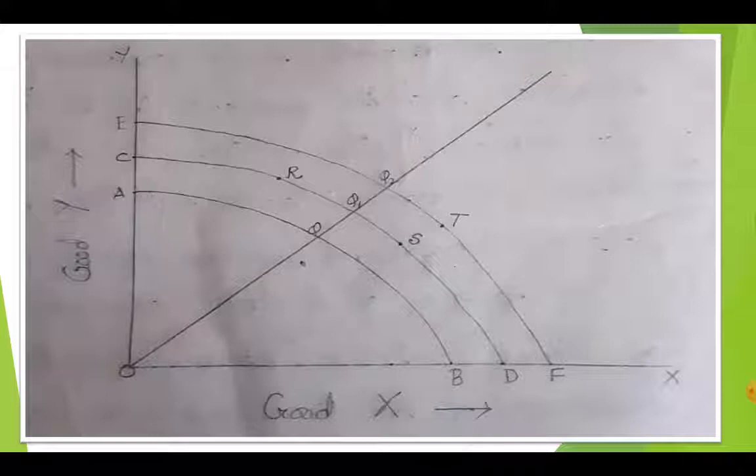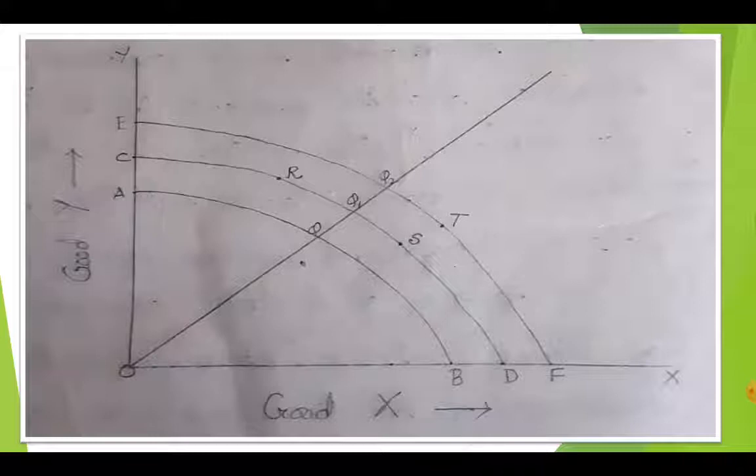We can see from the diagram that with the rightward shift in the production possibility curve, the equilibrium points also shift rightward. If the successive equilibrium points lie on the line drawn from the origin, like Q, Q1 and Q2, then this progress will be known as economic growth.